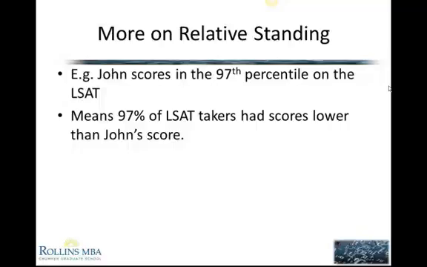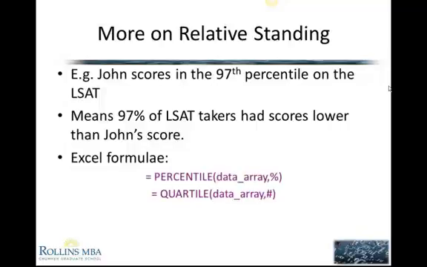But the way we usually say things when you hear people talk about test scores and rankings, they'll say in the percentile. But do remember that we're talking about a specific value and not a range. And if we have a set of observations, we have formula that we can use in Excel to return the percentile and quartile values on a data set.